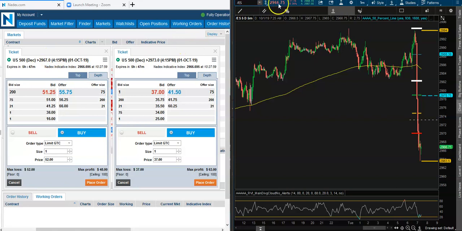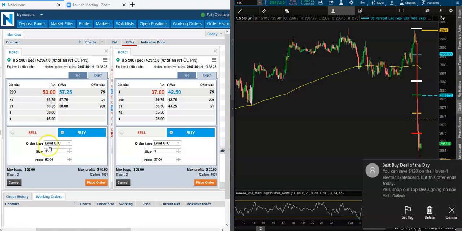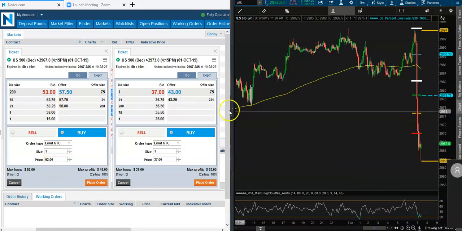So, we're at 29.67 and it's showing 51.50 by 56 right now. If we bought it for 52, even though we've gone up a couple points, we could sell it at 51.25 or 53 now, and we'd be able to make $1.